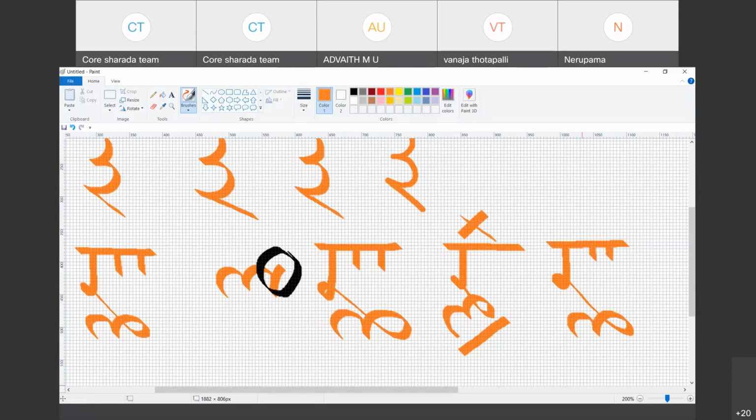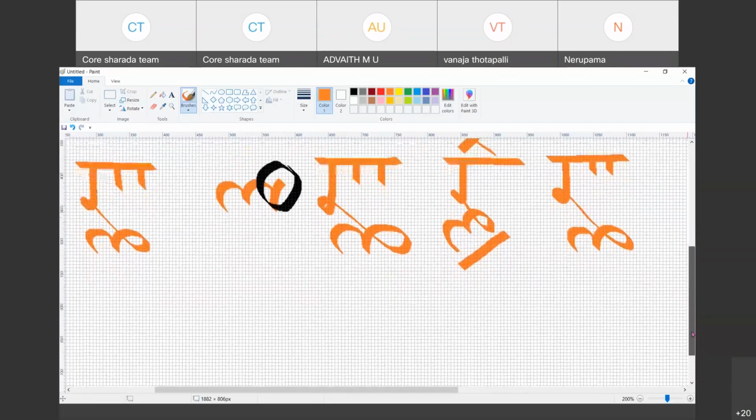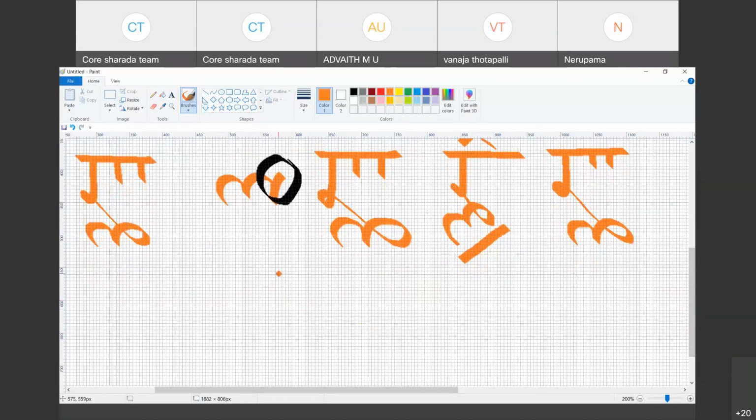This is J, J and N. I will draw it with a normal brush also. With calligraphy, you might get a little confused, so I will draw it with a normal brush. First, we will draw J. You keep it here, and you draw the two lines.